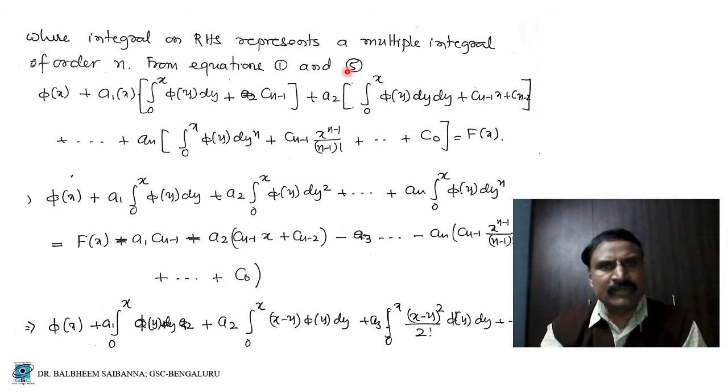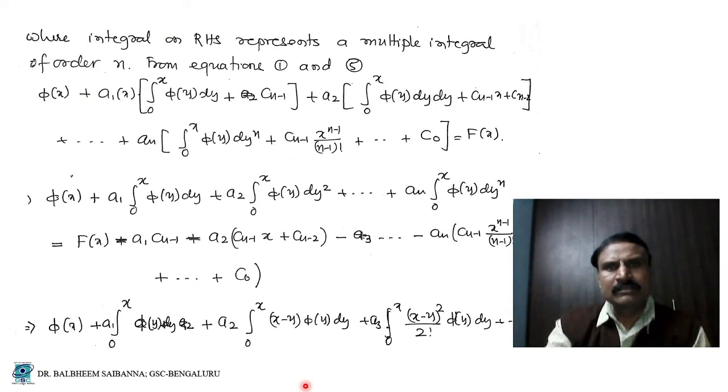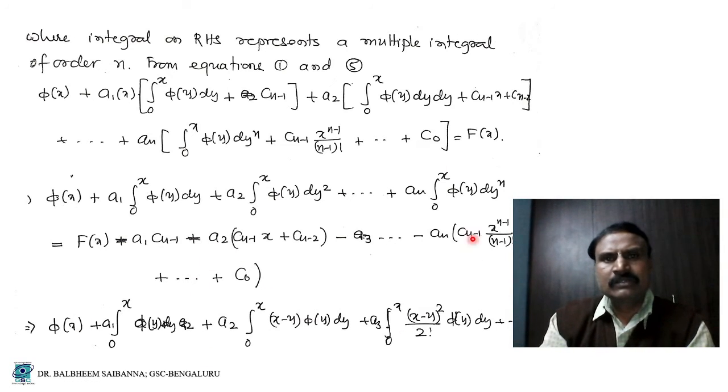So from equations 1 and 5 we will get phi of x plus a1 x integral 0 to x of phi of y dy plus c_{n-1} plus a2 integral 0 to x of phi of y dy plus c_{n-1} c_{n-2} plus and so on plus an integral over the limit 0 to x of phi of y dy to the power of n plus c_{n-1} x to the power of n minus 1 over n minus 1 factorial plus and so on c0 is equal to f of x.